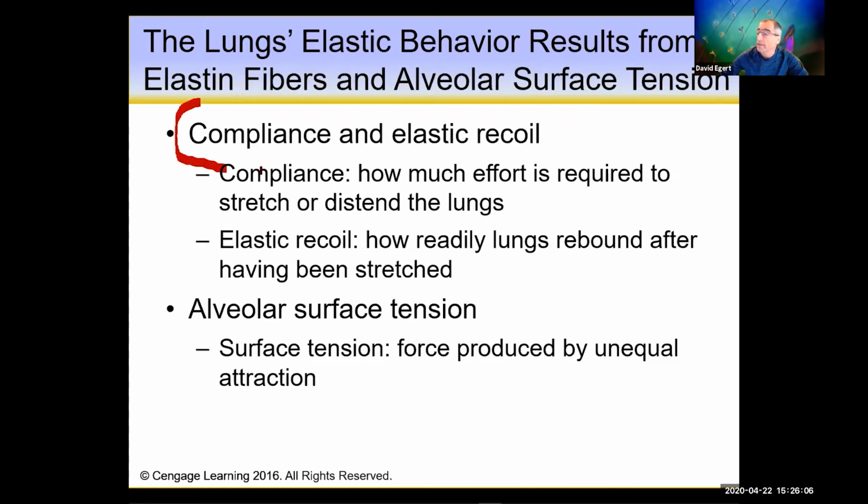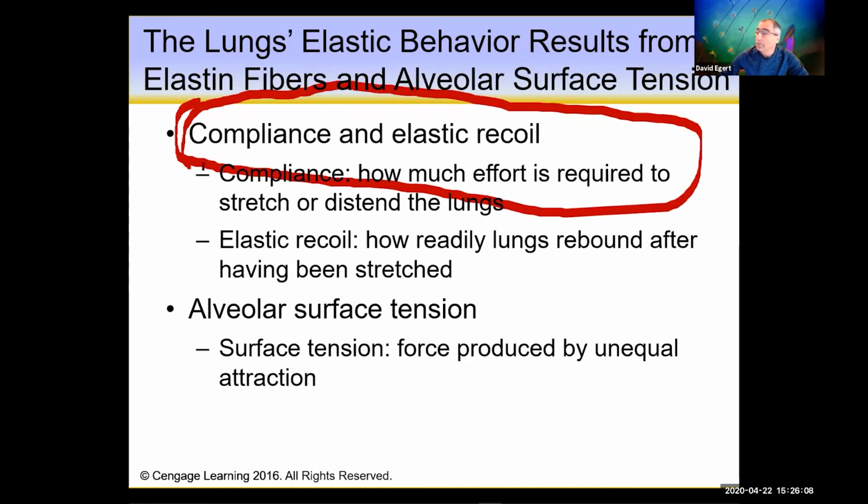Again, compliance. Compliance is that stretchiness and elastic recoil of your lungs. If compliance is compromised, like for instance in emphysema, your lungs get less stretchy, or in some of these really bad inflammations and pneumonias, your lungs get less stretchy, which means that exhaling is going to be trickier.